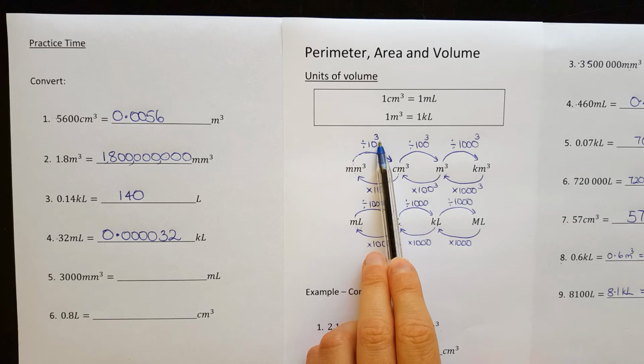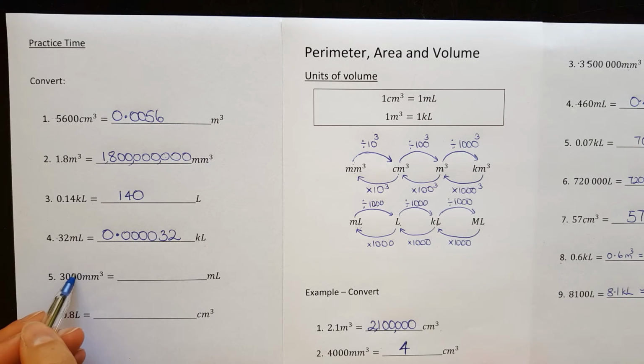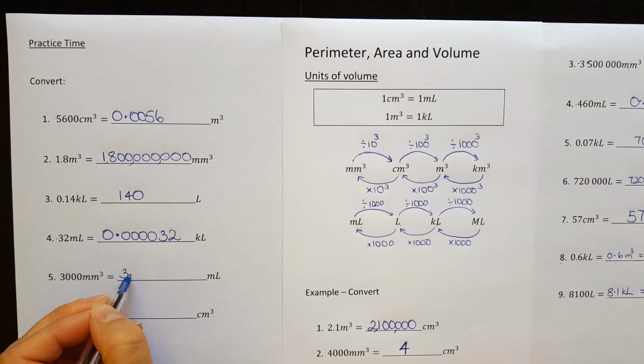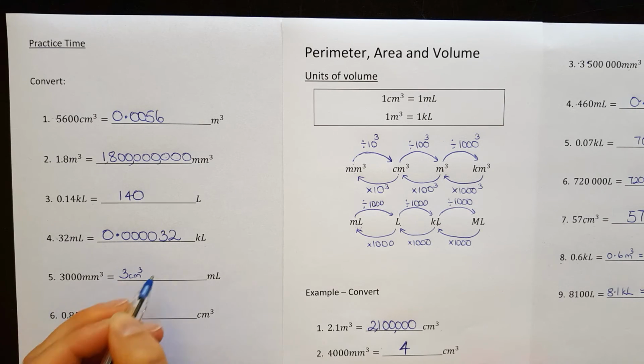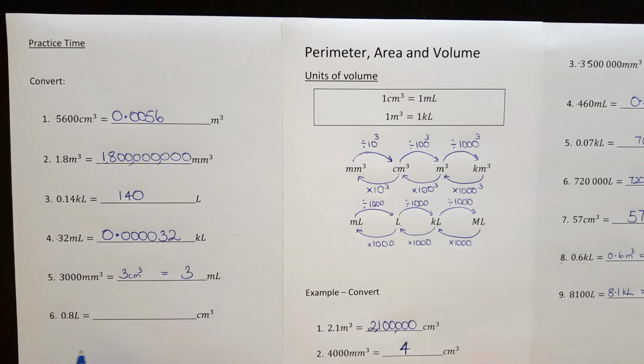So that's 3 zeros. So that's 3 jumps backwards. 1, 2, 3 will make that 3 centimeters cubed, and centimeters cubed are exactly the same as milliliters. So that's 3 milliliters.